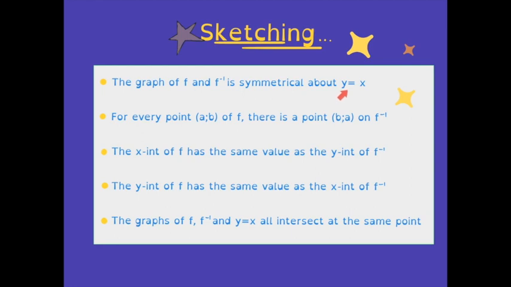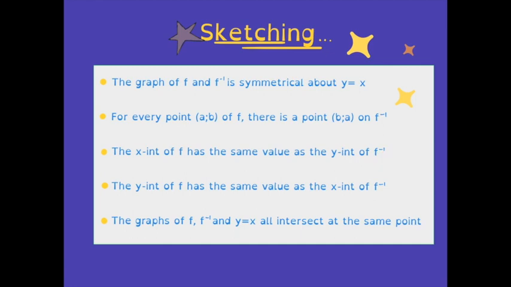That is very important. For every point (a, b) on f, so for a coordinate on f, there is a point (b, a) on the inverse. So remember, switch x and y around. That's how we get to our inverse. The x-intercept of f, the original function, has the same value as the y-intercept of the inverse.